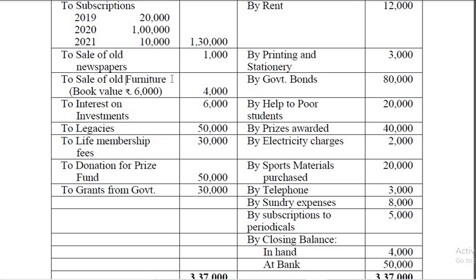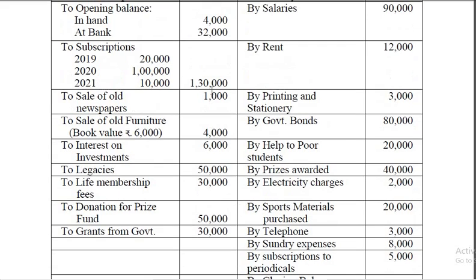Sale of old furniture. See, furniture item will come to the balance sheet asset side. It's an asset. But if there is any sale of asset, then the loss or gain should be incorporated in the income and expenditure account. Here, book value is 6,000, and the value at which it is sold is 4,000.